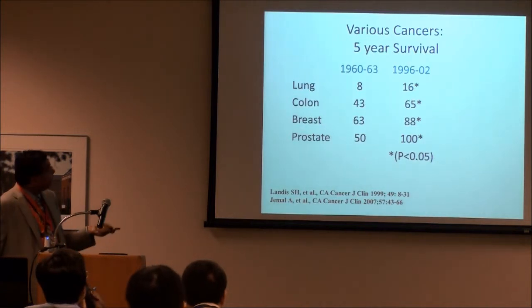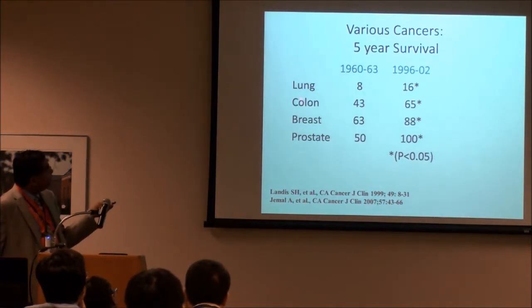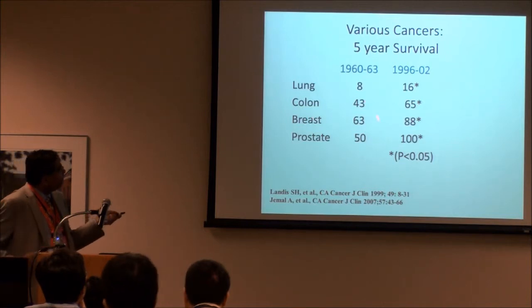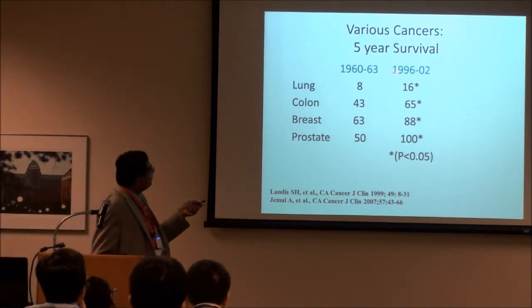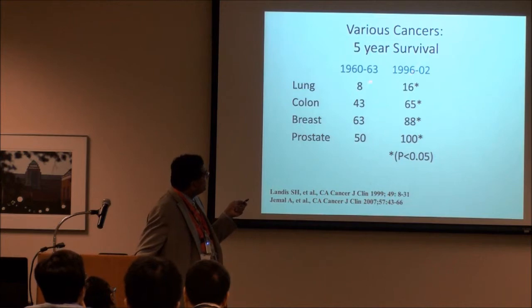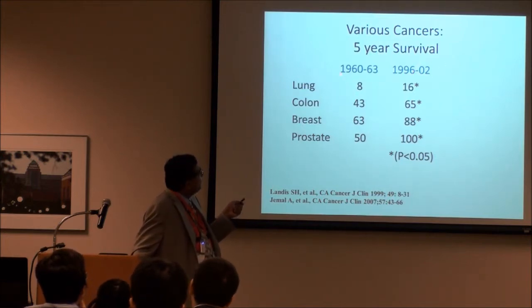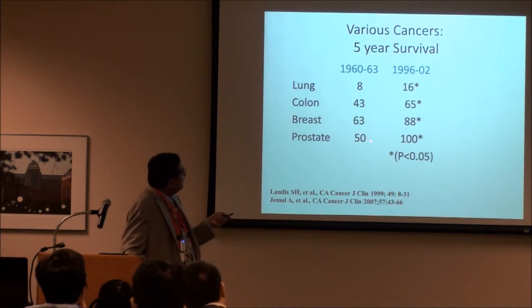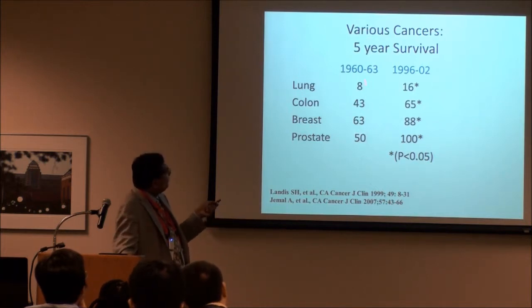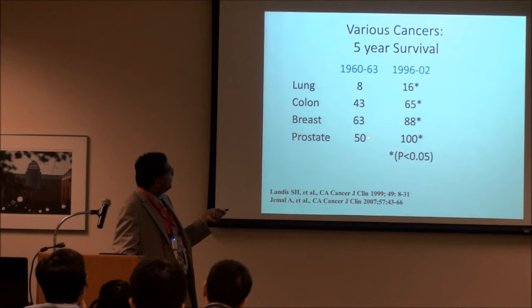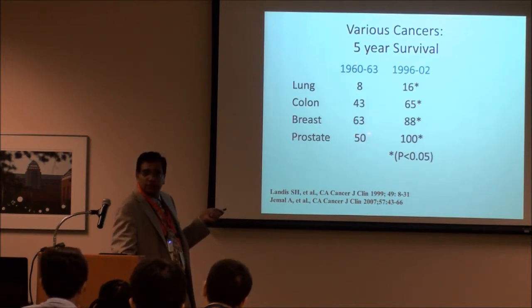So if you look at colon, breast, or prostate cancer, from 1960 to 1996, about 35 years, right? In 35 years, you can see that the 5-year survival for somebody diagnosed with prostate cancer was only half in the 1960s.